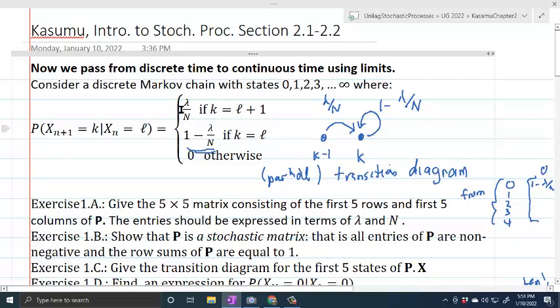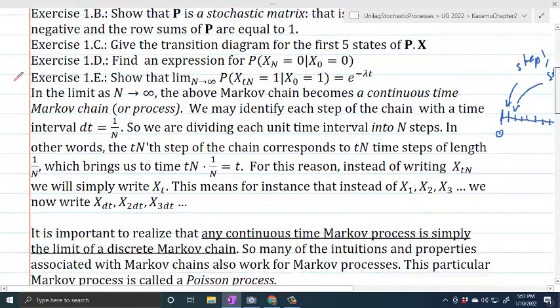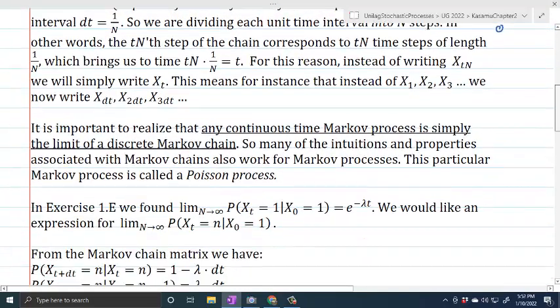So the transition probability goes to 0, but the time for transition also goes to 0. So you have both the transition probability and the time going to 0. You may compare this with a derivative. When you have a derivative, the numerator goes to 0 and the denominator goes to 0, so the limit is still finite.